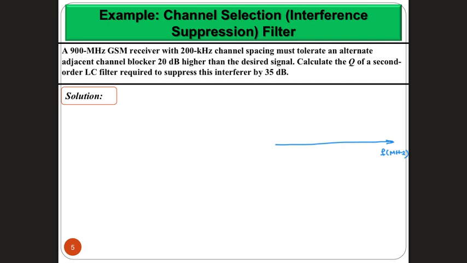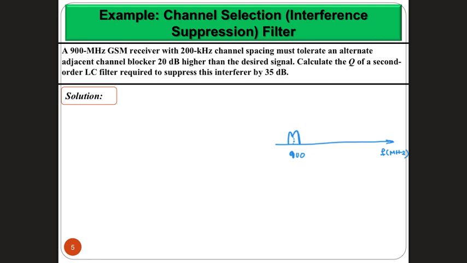So our signal is somewhere centered around 900 megahertz. And then we have channel spacing of 200 kilohertz, which means that between each signal and the next signal in the same band, there is going to be a separation of 200 kilohertz.